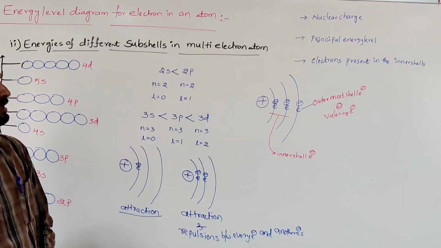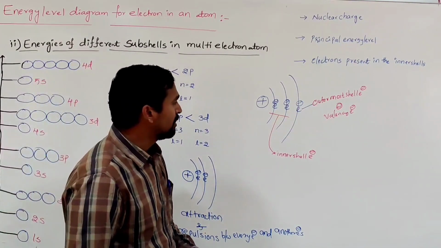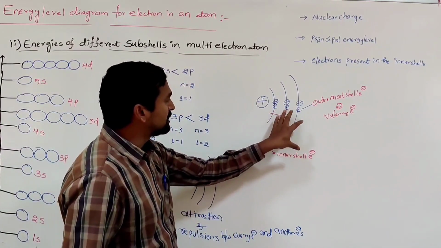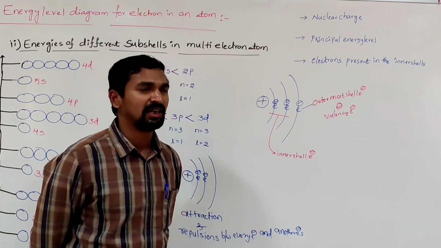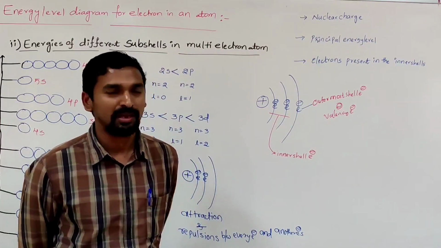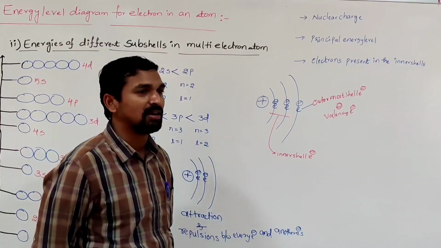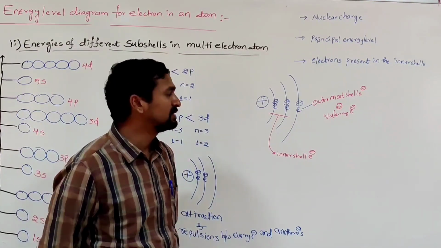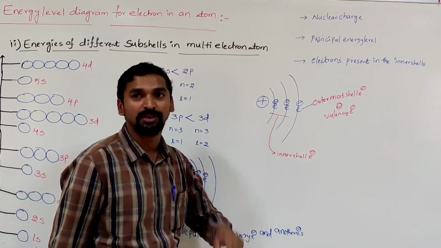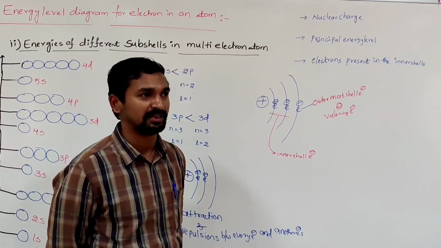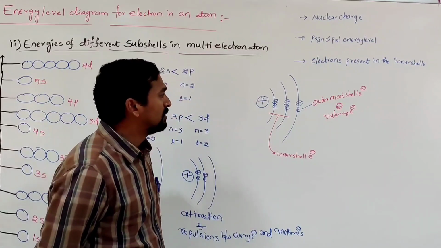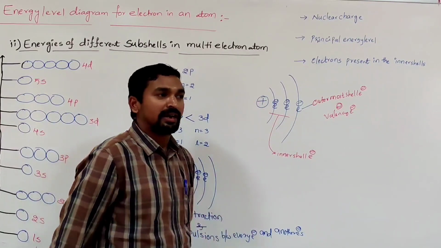Now the concept is, whenever electrons are present in different subshells, one question comes to our mind: do all the electrons present in the inner shells as well as the outermost shell experience the same nuclear charge from the nucleus? That is the question that can arise. It is not correct.